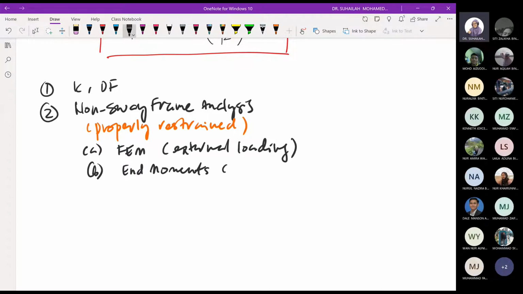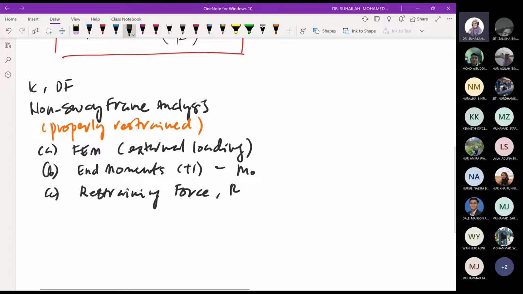This is table number 1, and we label it as M naught. And C is R, the restraining force. So we need to calculate the restraining force R. This is the second step.